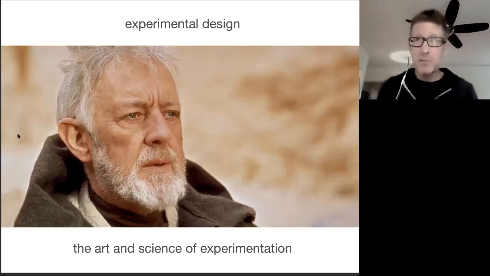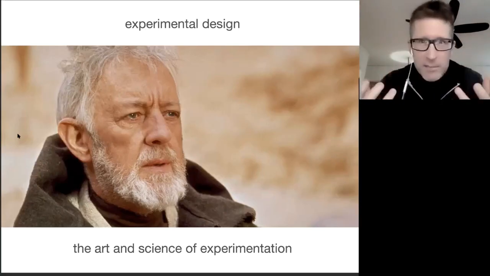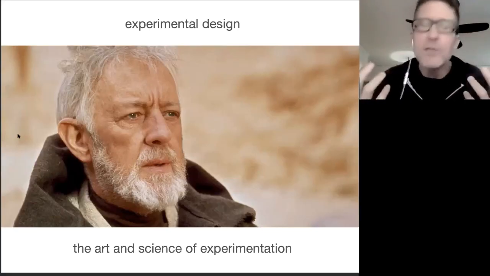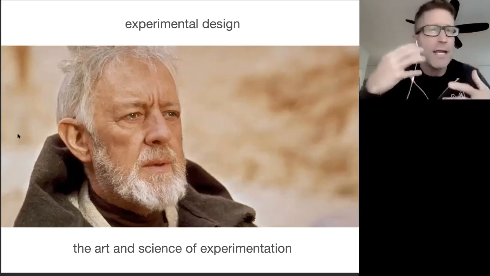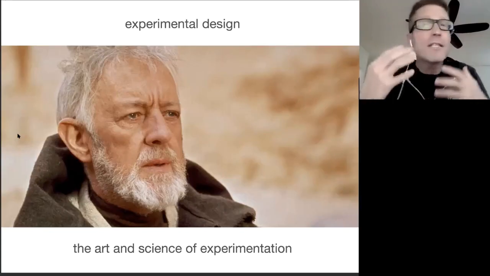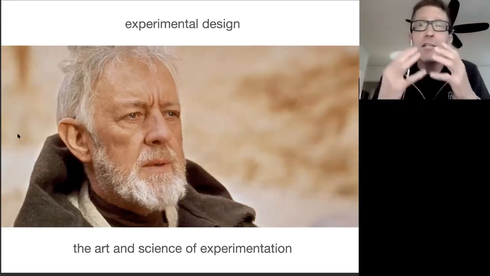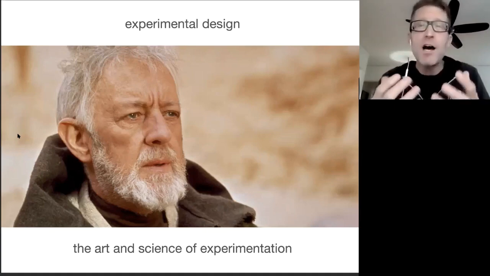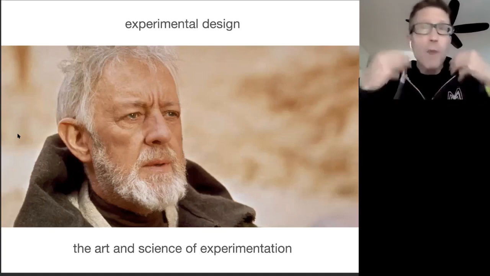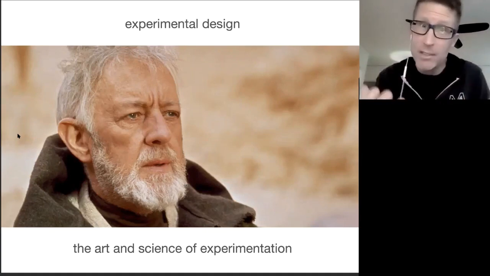And the only difference between scientific experimentation and the experimentation that we do every single day is whether we capture data and evidence in a way that allows us to reuse it and learn from it. So experimentation is just a more formal process of introducing change or observing change and trying to learn from it.